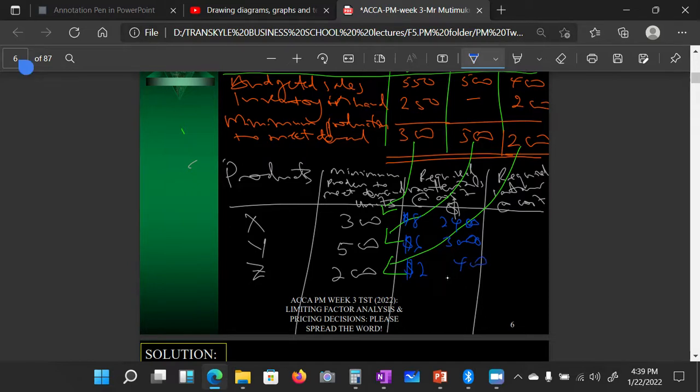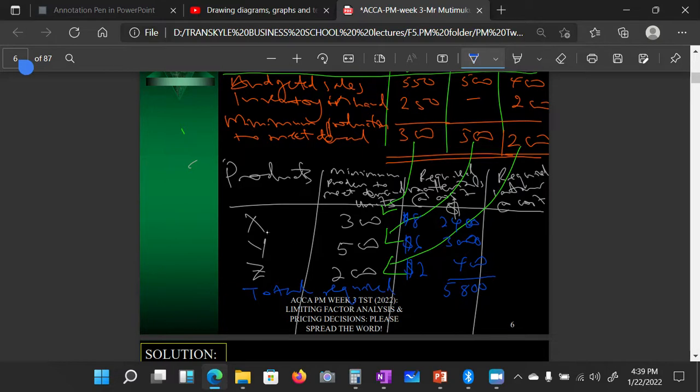Then we have to add up. If you add up, we're going to have 5,800. That's 5.8, right? This is the total required in terms of materials.